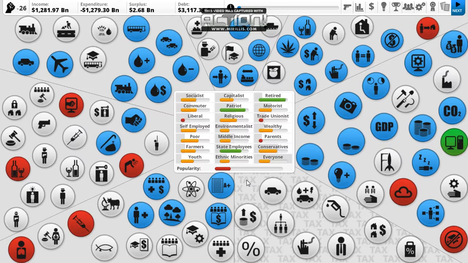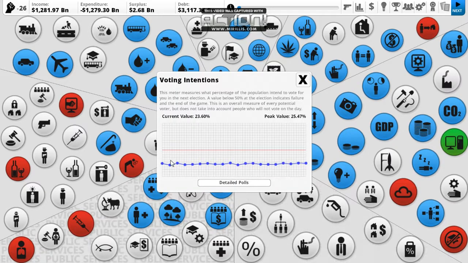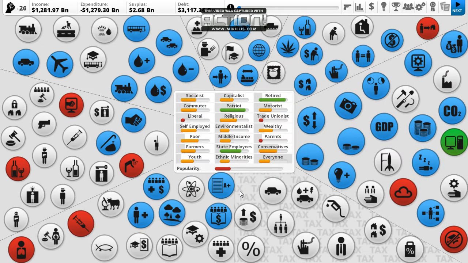I'm in fact not very popular at all. I have a current popularity of 23%. So if the election were to be held tomorrow, I would lose, and it would be terrible. So I have 4 years to try and get this number up a little bit.